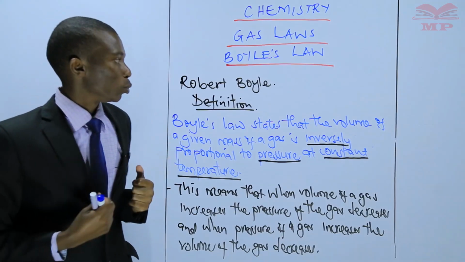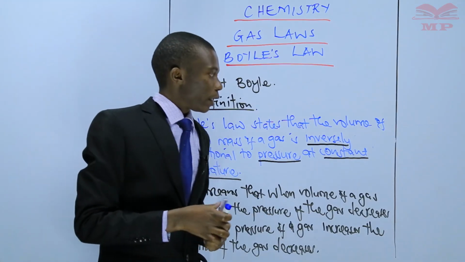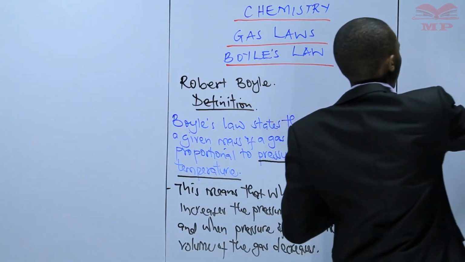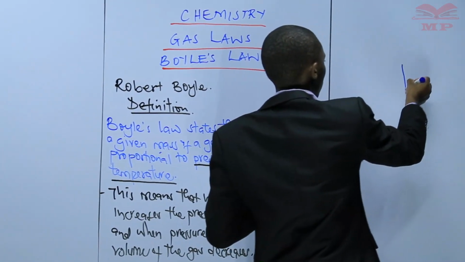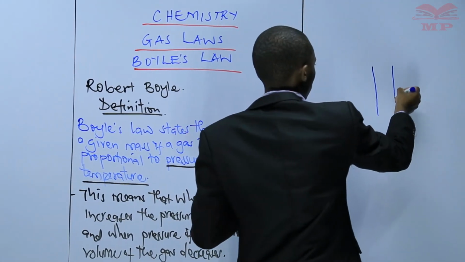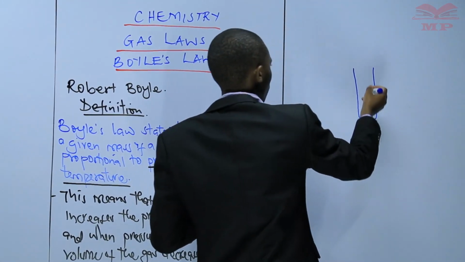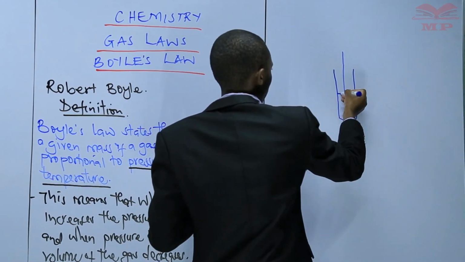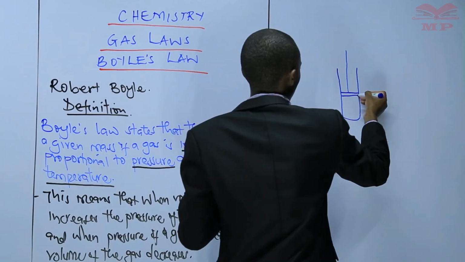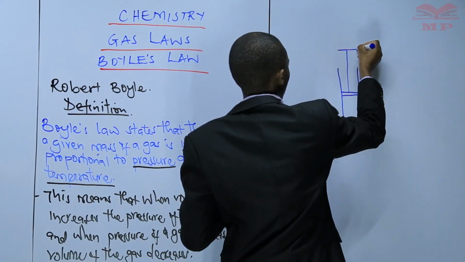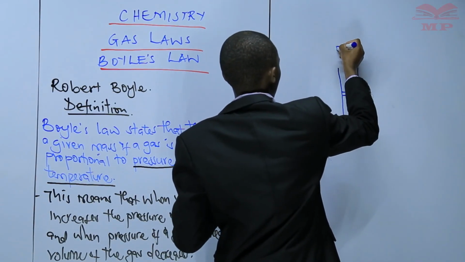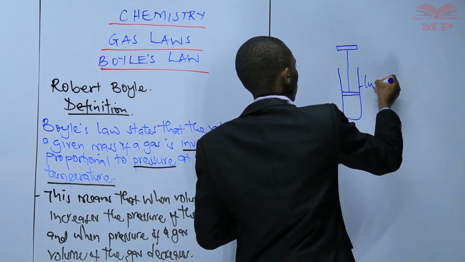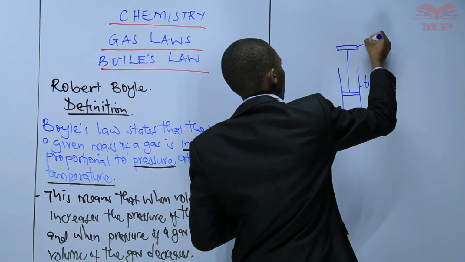I can use this example to explain it in a simple way. I can use a small container. This is just a tube. This is the piston.